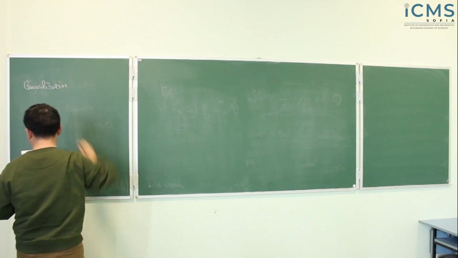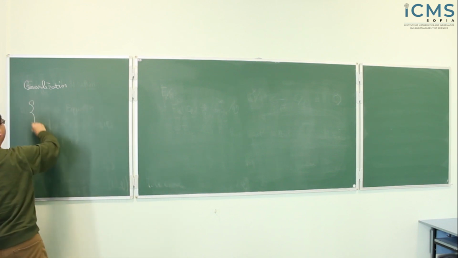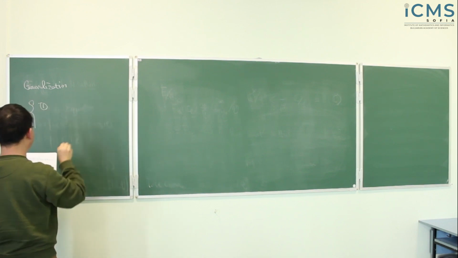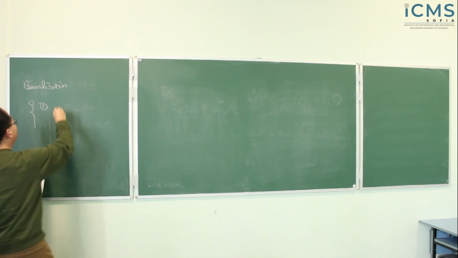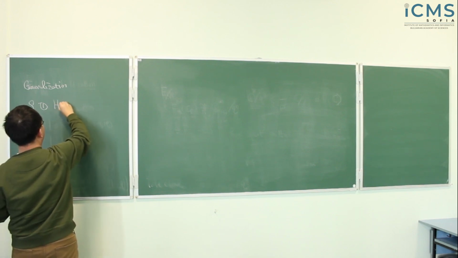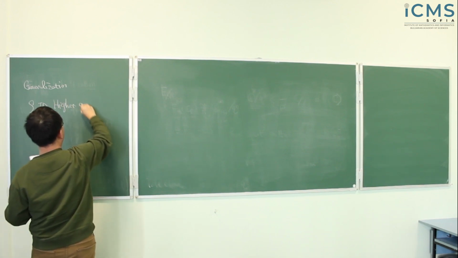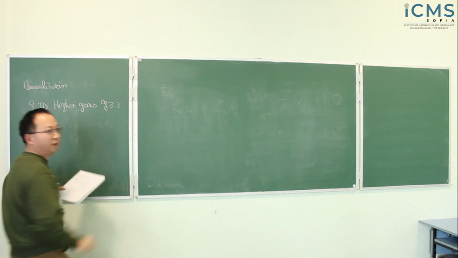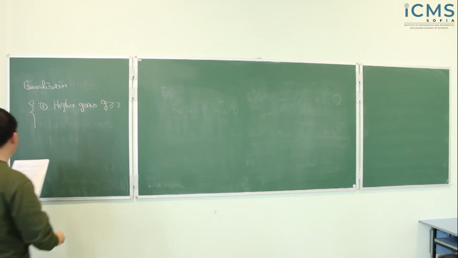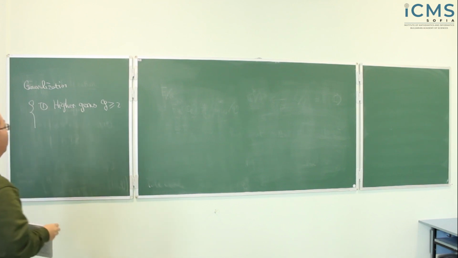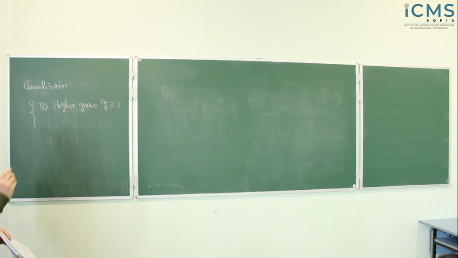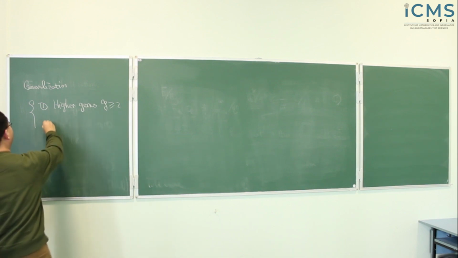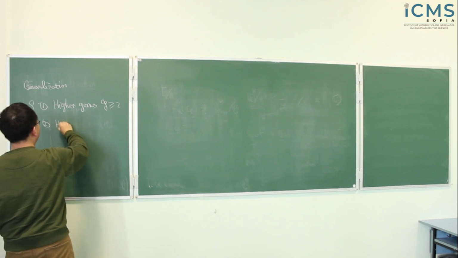The first one goes to higher genus, with g greater than or equal to 2 in this case. And another thing is we need to think about whether we can increase the dimension of the varieties, not only the higher genus case, but the higher dimensional case.